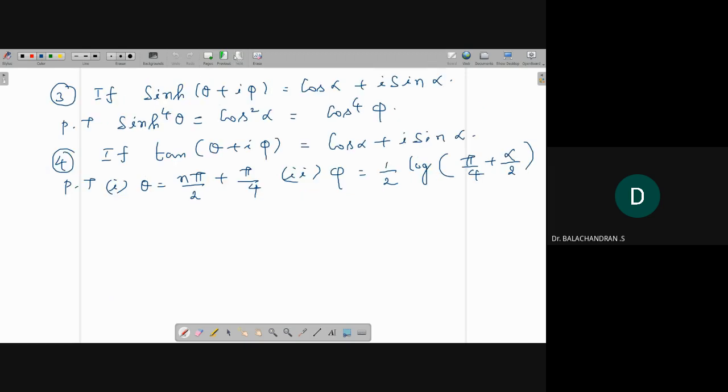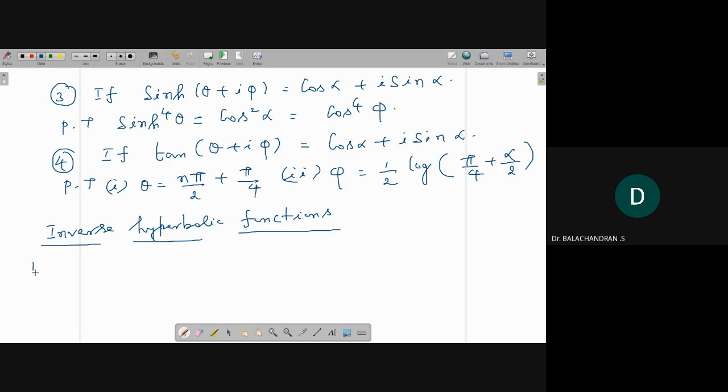Okay. So the next topic is inverse hyperbolic functions. Here I'm going to give the results for sinh inverse of x, cosh inverse of x, and tanh inverse of x.